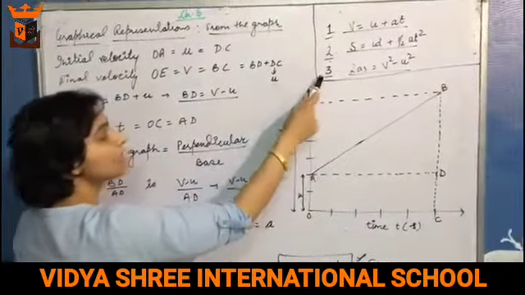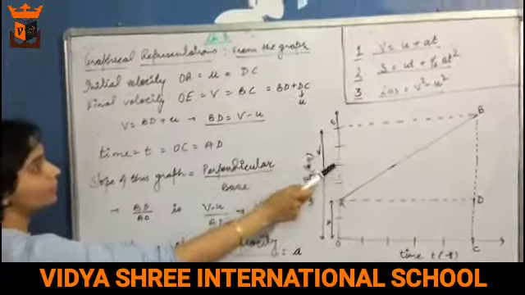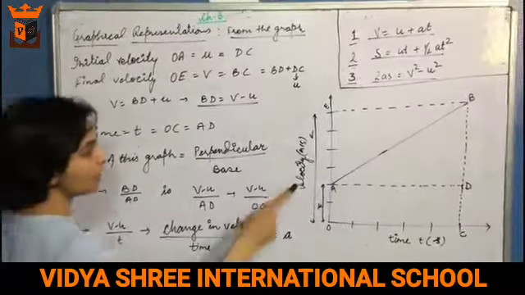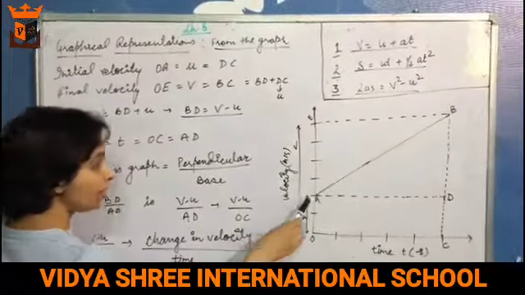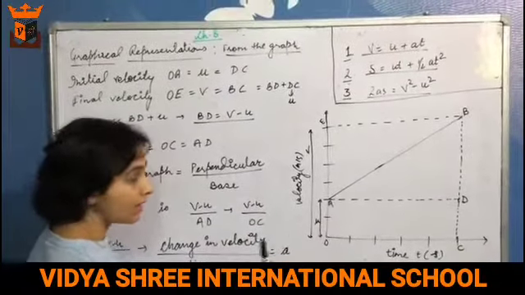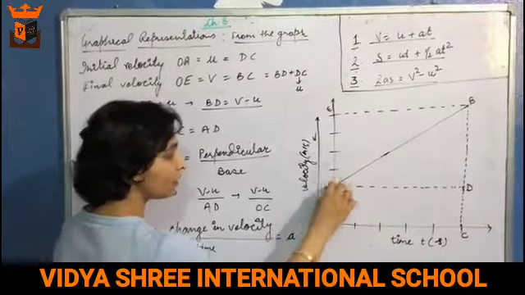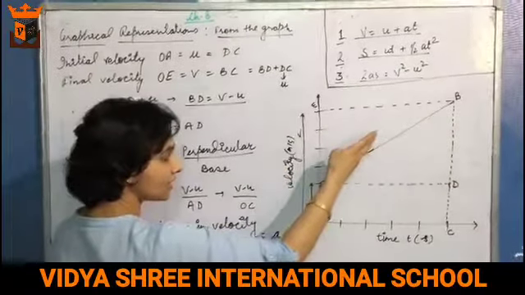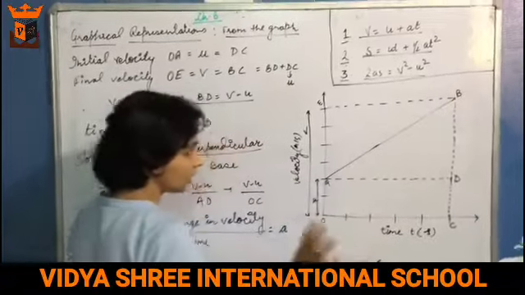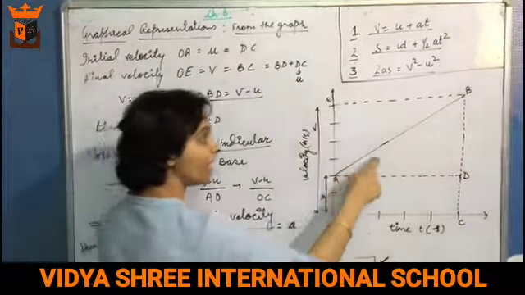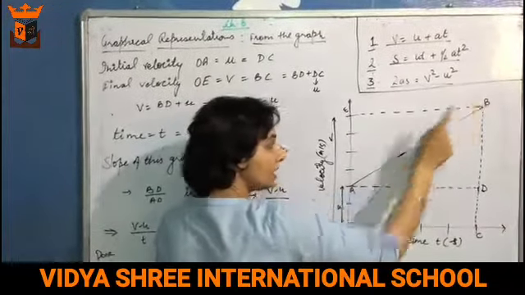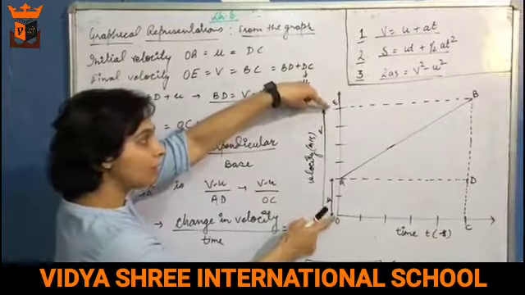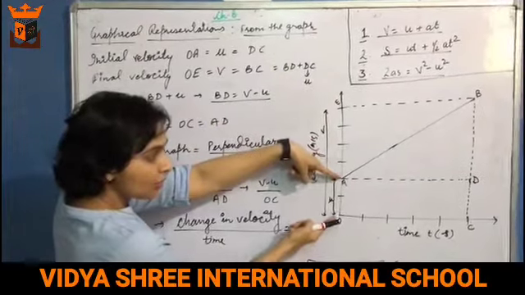Now we will prove these equations of motion by graph, which we call graphical representations of equations of motion. First of all, take a velocity time graph. Here we are not starting the velocity from the 0 point, rather we are starting from some point, right? So this is initial velocity, and then velocity increases and it reaches up to point B. This one up to B is final velocity, OE, and this is initial velocity OA.